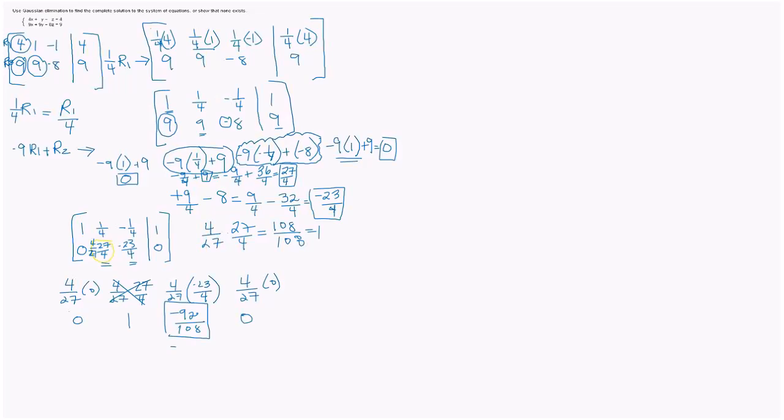I have negative 46 over 54, which I can then reduce even more. And then negative 23 over 27, I believe, is going to be as reduced as I can go.